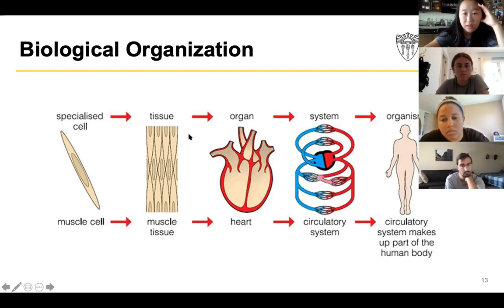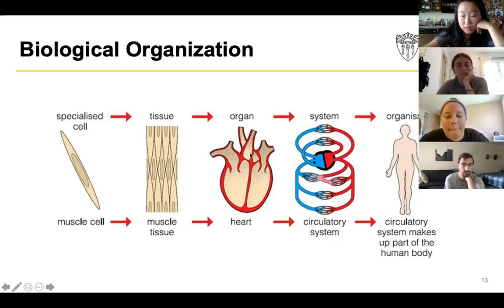The next layer are tissues, which is a unity of cells with a similar structure. As you see here is a repeated muscle cell that as a whole has a very precise function. So this could be epithelial cells, connective tissue, muscle tissue, nervous tissue.